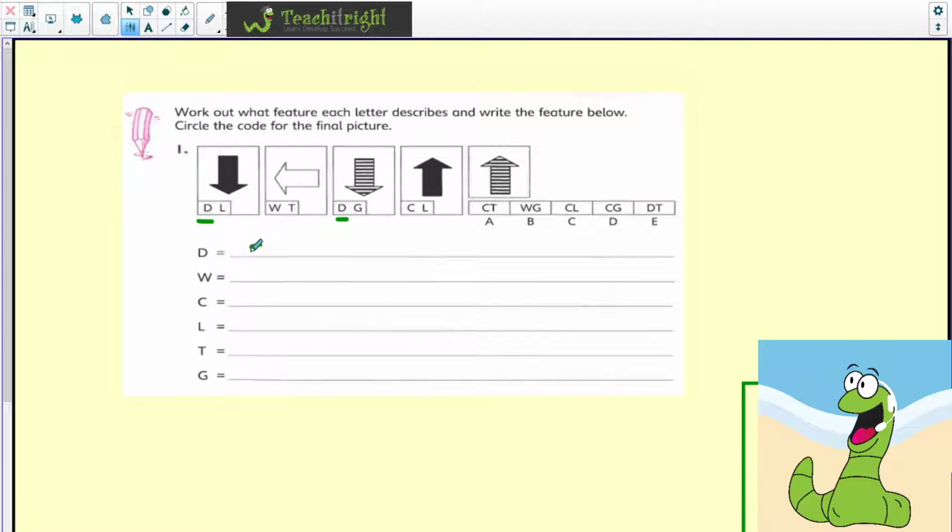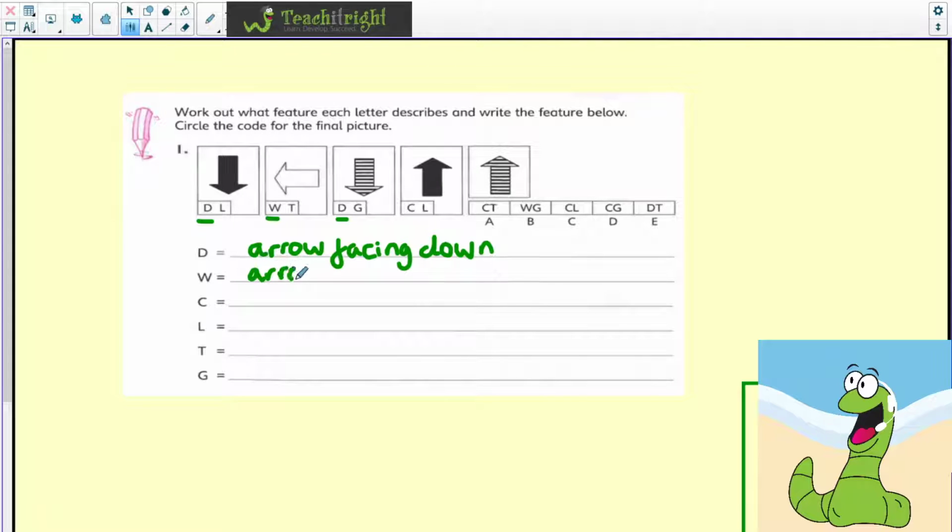So we can say the arrow is facing down. Now we're going to look at the W. Now the W, we're going to have the arrow facing left.